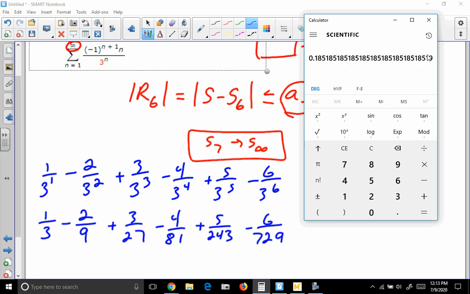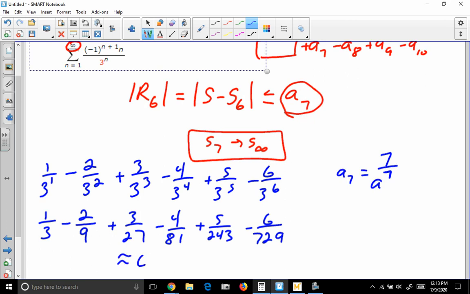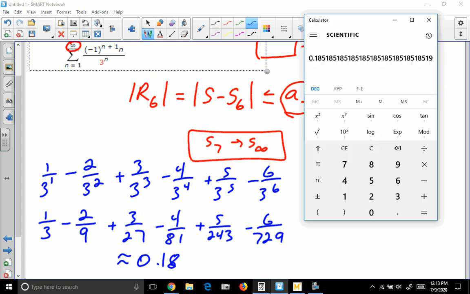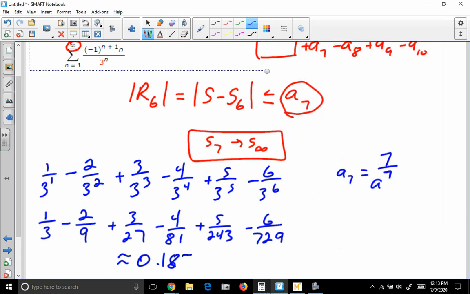So when we do that, I get about 0.1852 to 4 decimal places. If you noticed, our terms were getting smaller and smaller and smaller.